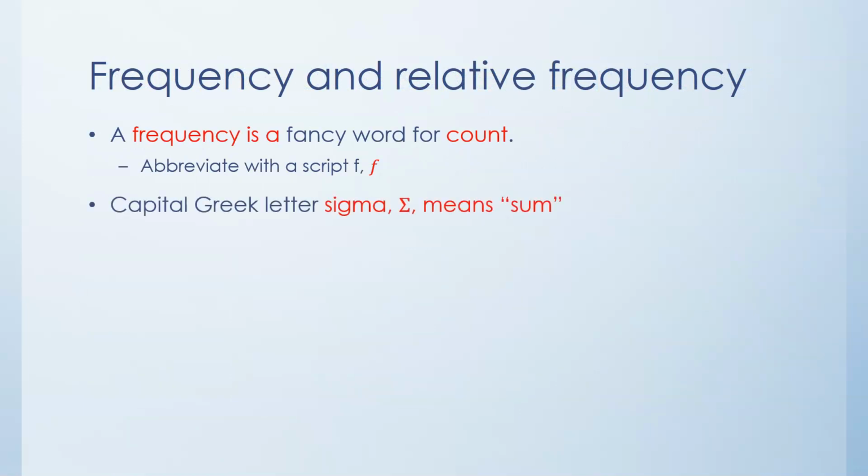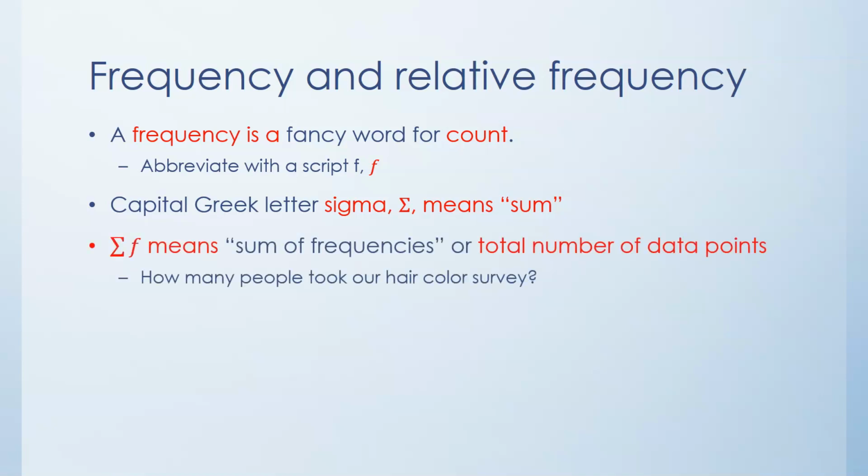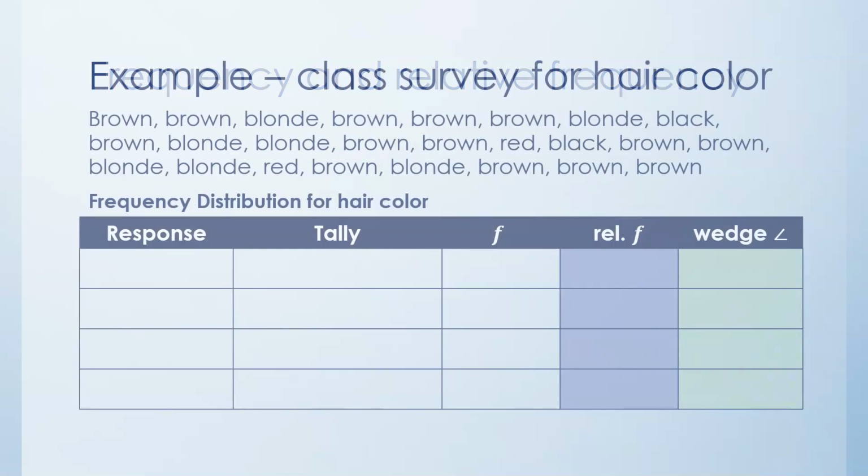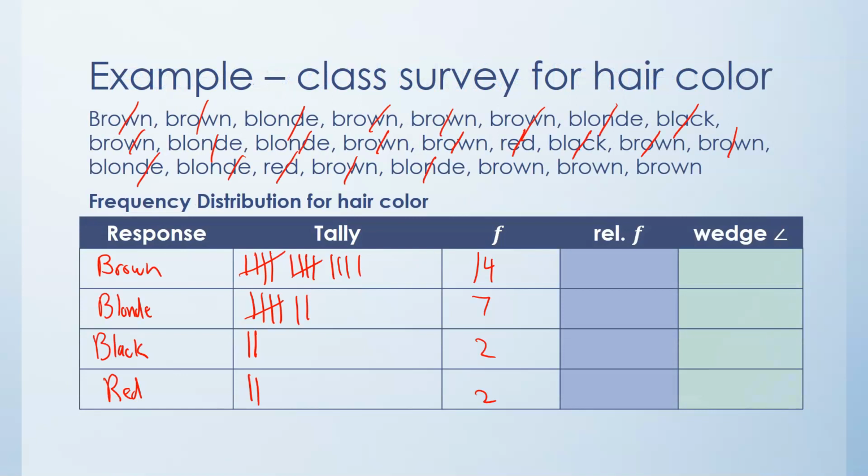Now, something that we commonly do is we show the sum of the frequencies, and that tells us how much data we have total, how many people took our survey. So if I just go back and add up my frequencies, I have the sum, which is this Greek letter sigma.